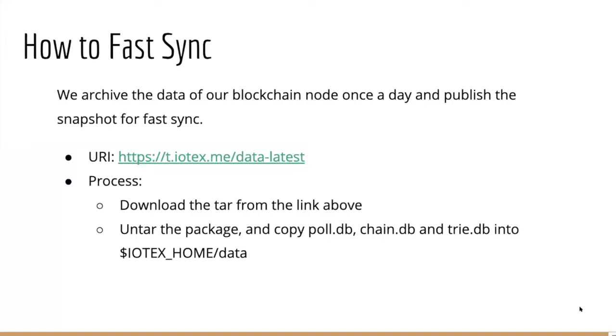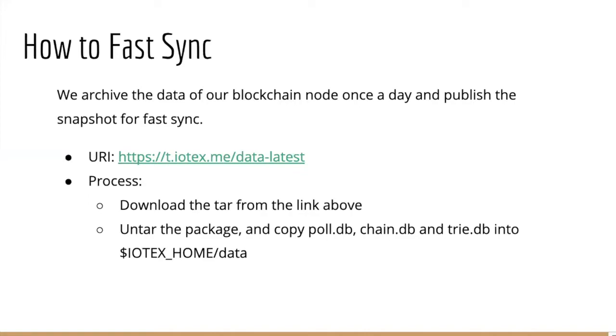If you want to do a faster sync with our blockchain, what you need to do is download the data from this URL, extract the archive, and copy the PodDB, ChainDB, and TriDB into the IoTeX home /data.